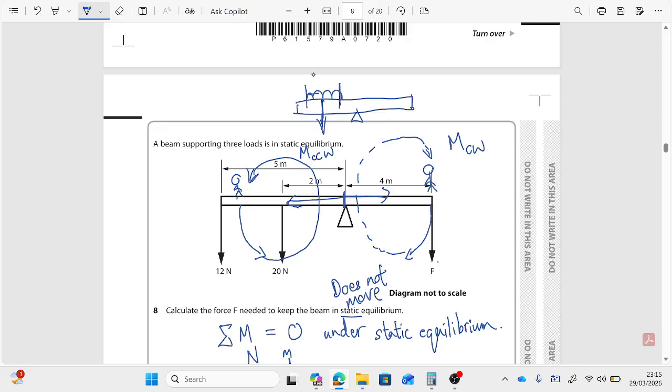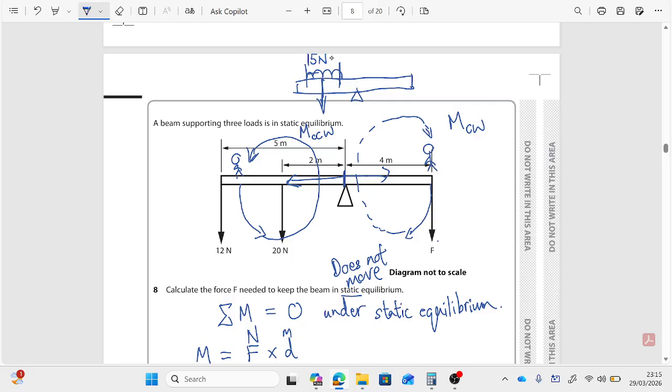Normally it would say 15 Newton per meter. So if this width is 4 meters, then the center of the load would be 15 Newton times 4, and that's 60 Newton. Okay, so you use this position in the center.